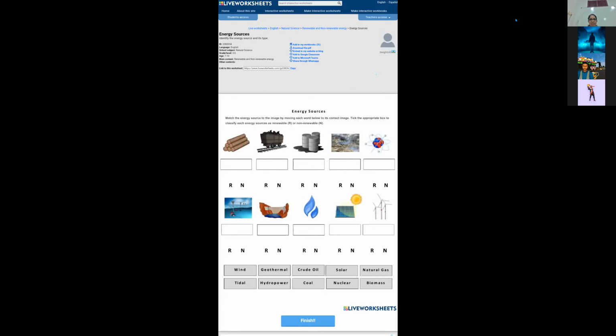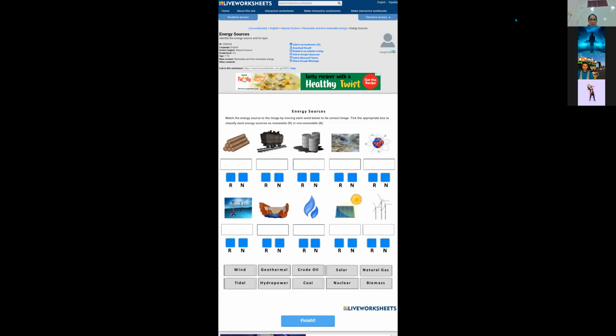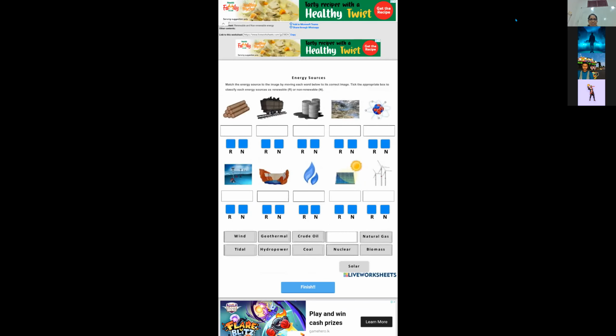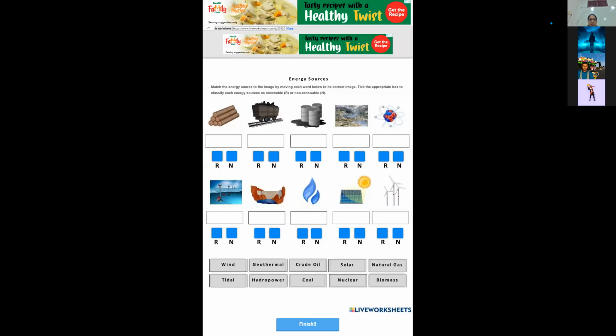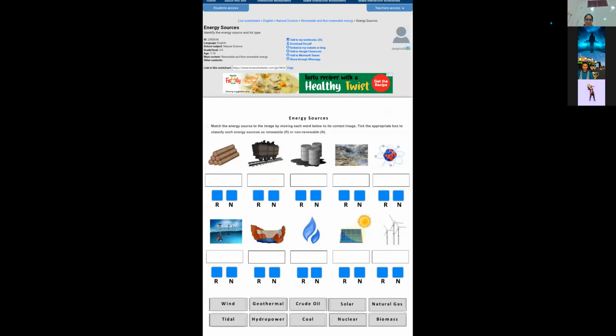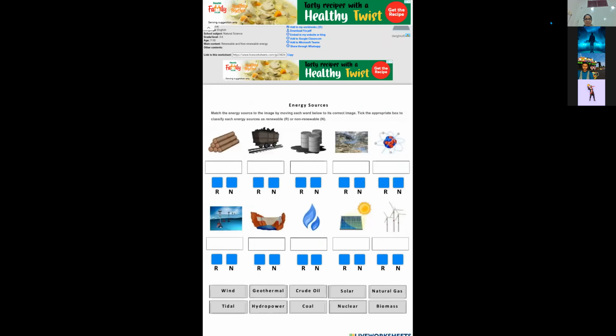Now all of you can see the worksheet, right? There are energy sources. There are names of the energy sources. You have to drag them into the box, and also select whether each is renewable or non-renewable, and then finish the worksheet. Start with it.